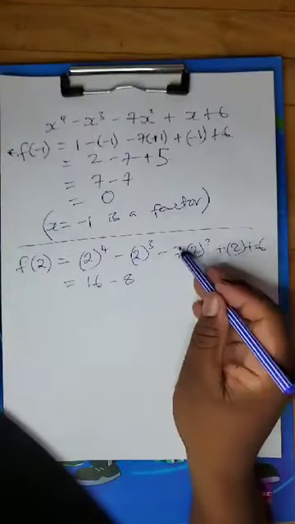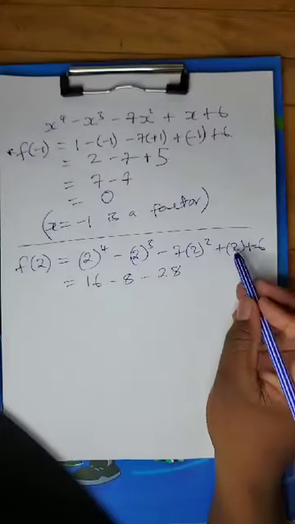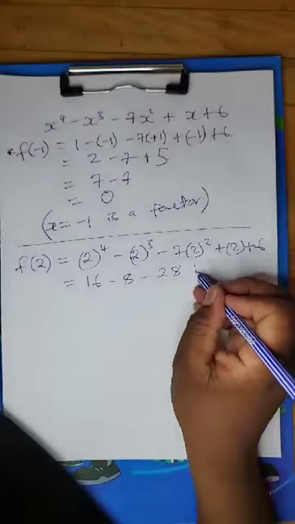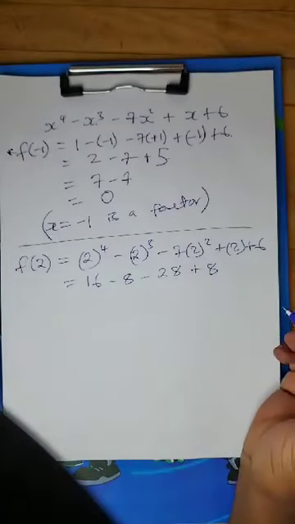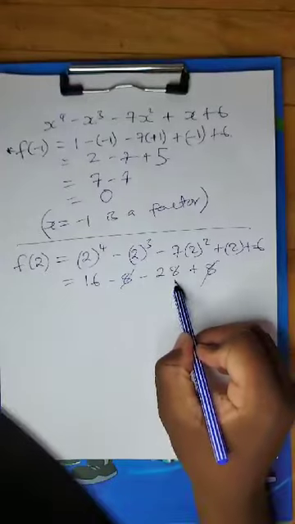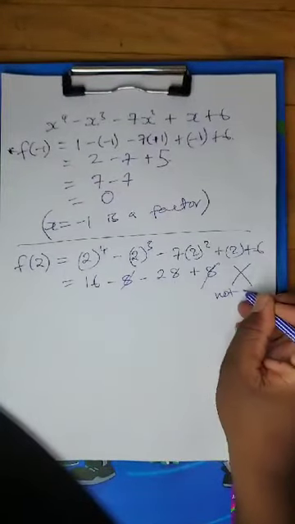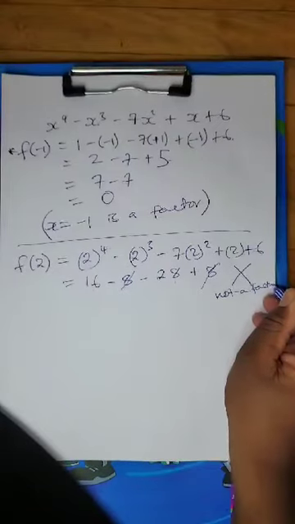Then that's 4. 4 times 7 will give us -28. And then 2 plus 6 will give us 8. So this 8 and that 8 cancel out. But the 16 and the -28 do not give us 0. So this is not a factor.